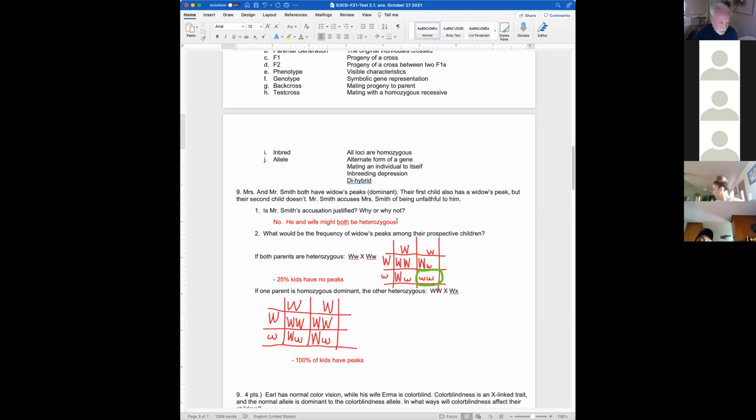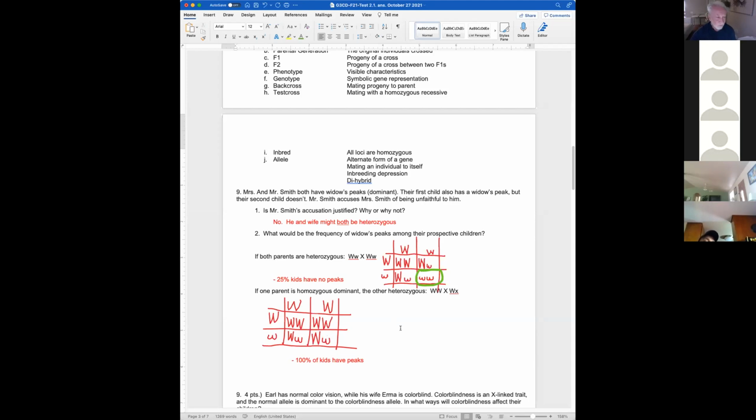And so I've shown that here on the bottom Punnett square. If one of them is homozygous dominant, big W, and the other one is a heterozygote, big W, little w, all of the kids would have widow's peaks because they'd all be either homozygous dominant or heterozygotes.